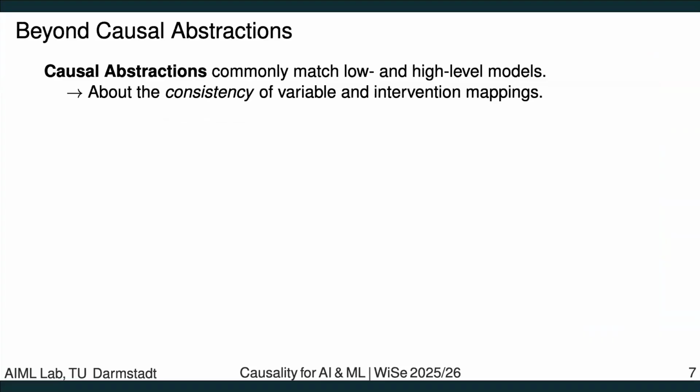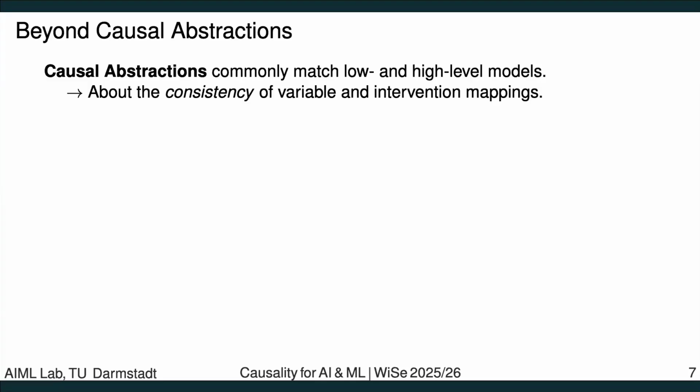Right. So what we saw 2 lectures ago was the concept of causal abstractions, where we considered how we can transform low-level models to high-level models, but usually we considered both of these representations to be graphs.